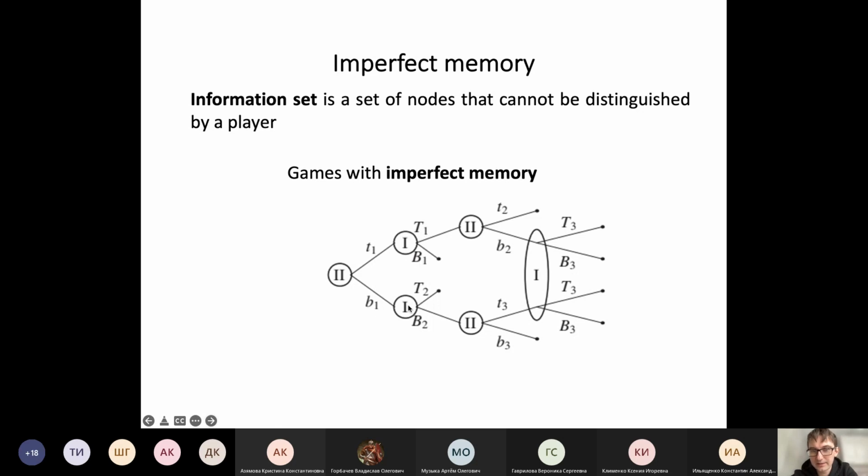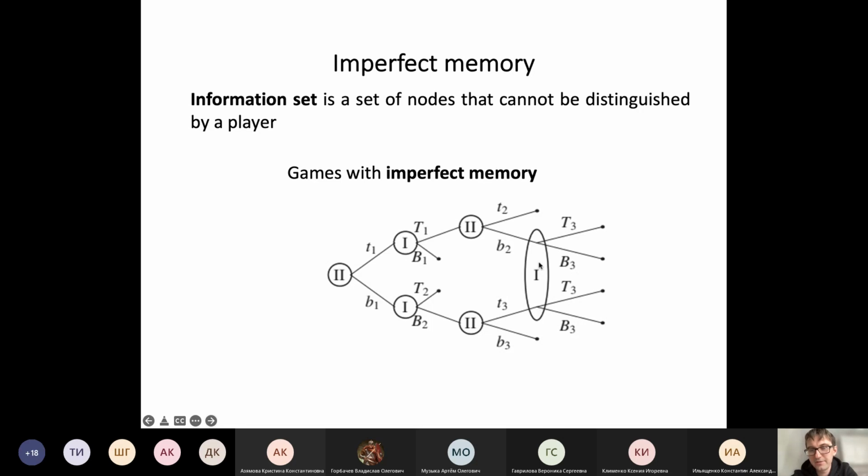If it's B1, then the first player can decide between capital T2 and capital B2, right? Then it's time for the second player to decide, and now the first player decides. What is funny and strange here is that the first player cannot distinguish between these two branches, the upper branches and the lower branches.